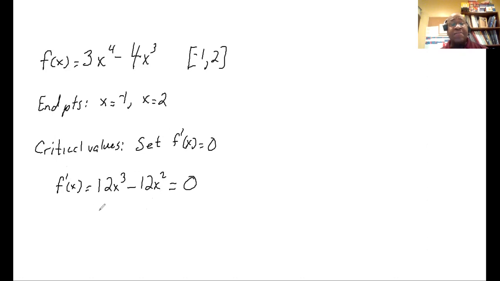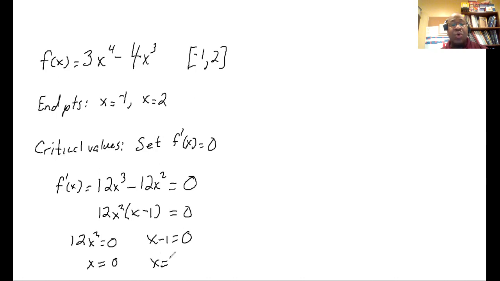All right, so this we can factor. We have a common factor of 12x squared times x minus 1 equals 0. And we set each of the factors equal to 0. 12x squared equals 0. X minus 1 equals 0. So it should be pretty easy to see that we'll have x equals 0 and x equals 1 as our critical values.